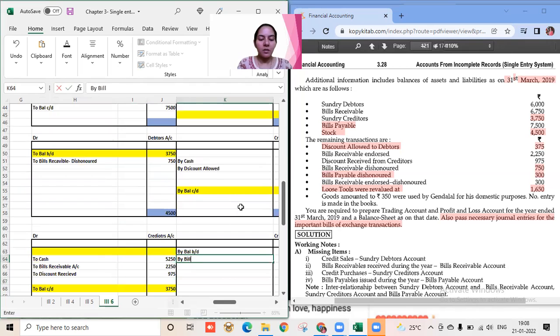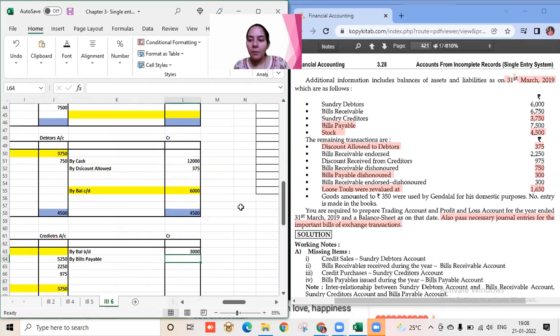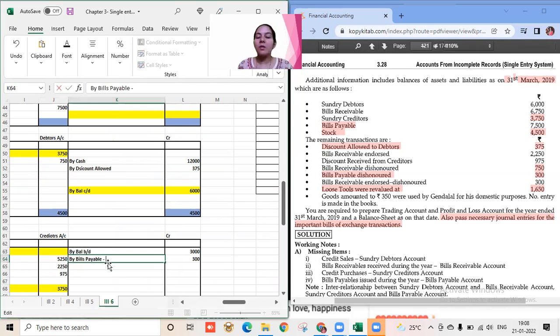By bills payable. Amount is rupees 300. Okay, with a dash write dishonor.